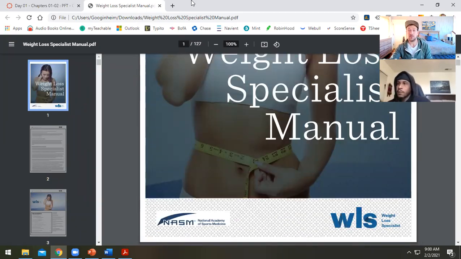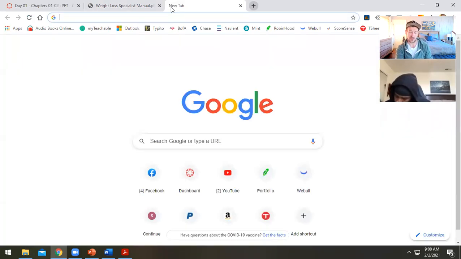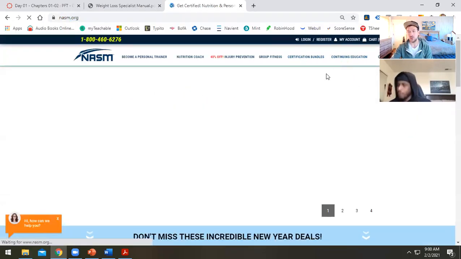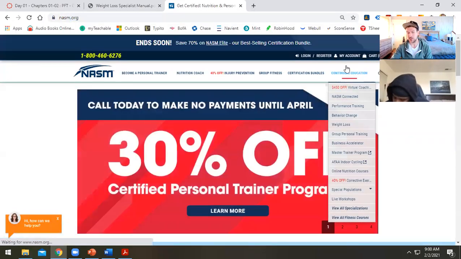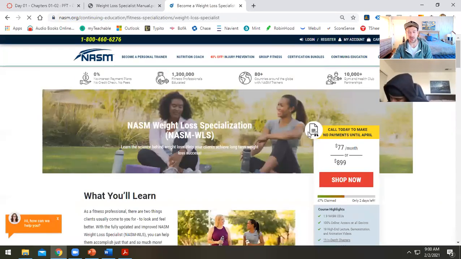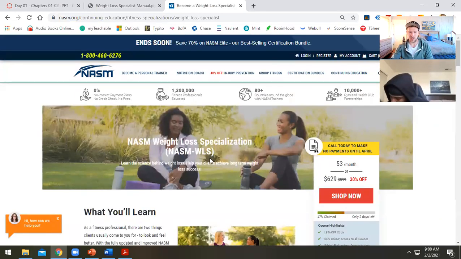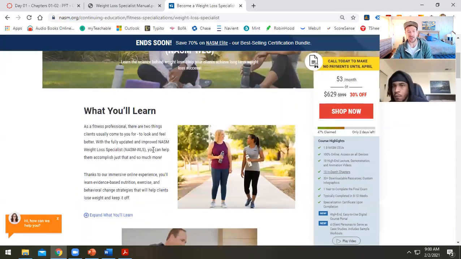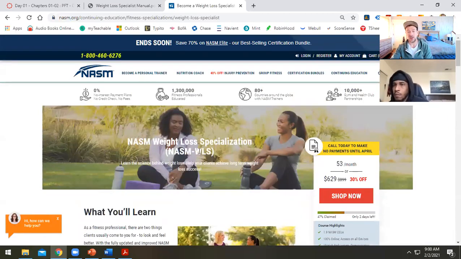And the reason it's a separate textbook, and another benefit of us doing it this way, if you go to nasm.org and look at their continuing education section, and go to weight loss, all of the materials that we're teaching in this class are coming from NASM's WLS certification, their weight loss specialist certification.